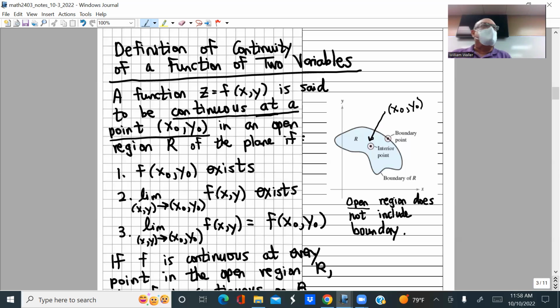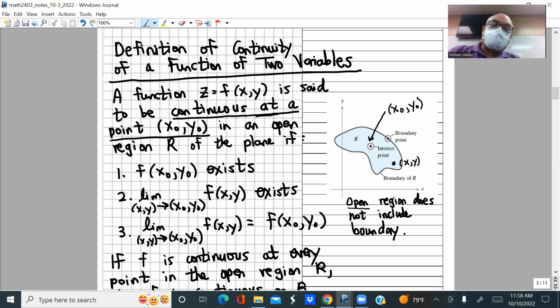Now, what do we mean by these inputs of two variables approaching a particular input? Look at this picture. Here we imagine this as being our point x sub 0, y sub 0, and then let's just pick some other arbitrary point out here.